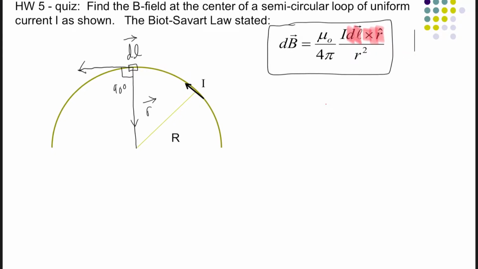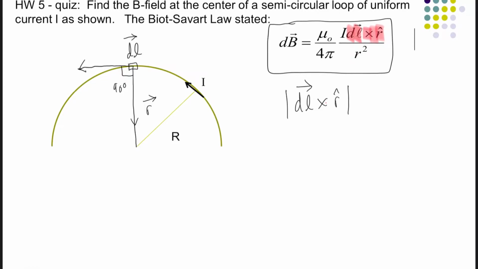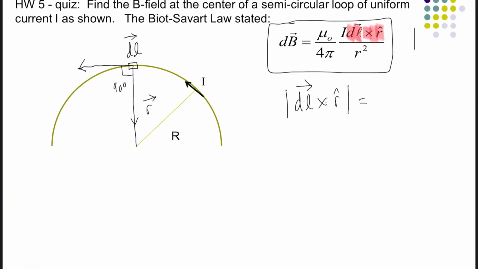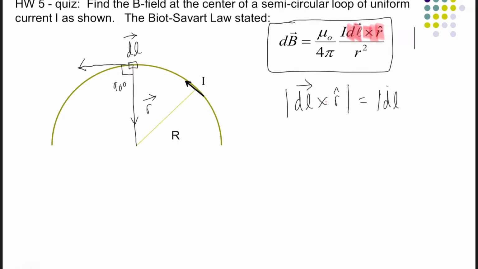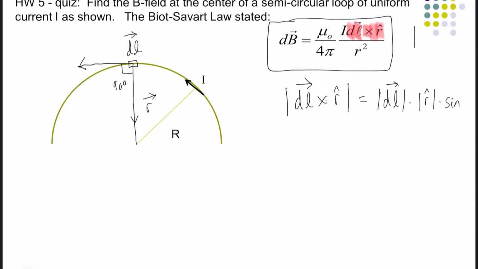So since we have dl vector cross r hat, we can say that the magnitudes of these, since they're a cross product, will equal the magnitude of the dl vector times the magnitude of r hat, or the unit vector, times sine theta.